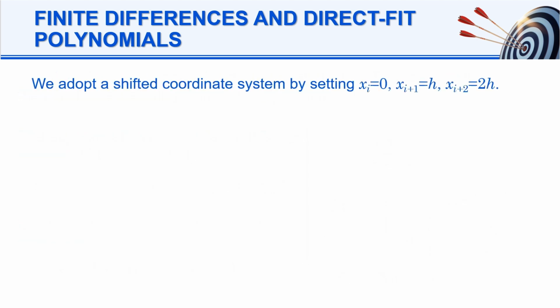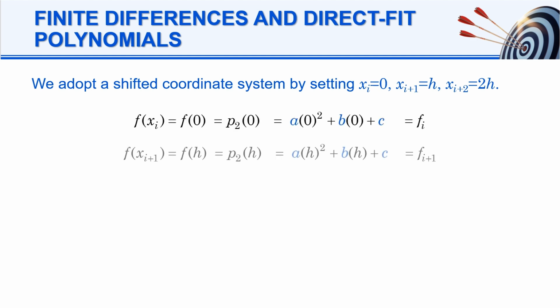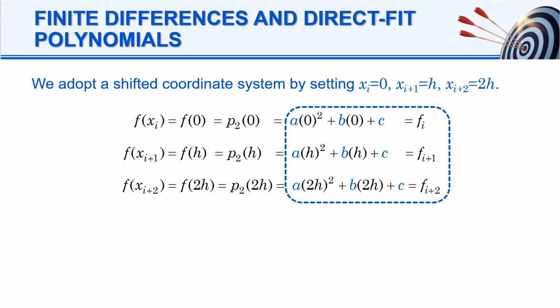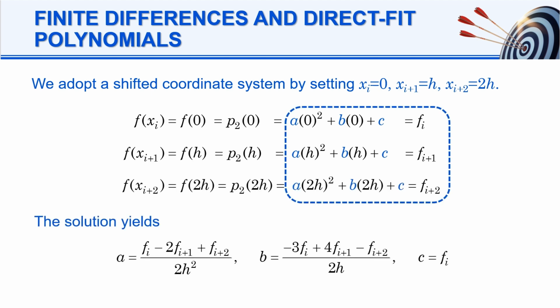We adopt a shifted coordinate system by setting xi equals 0, xi plus 1 equals h, xi plus 2 equals 2h. Forcing f(x) and the parabola to be equal at these points yields the following equations, which is a 3 by 3 system of linear equations, whose solution gives A, B, and C.